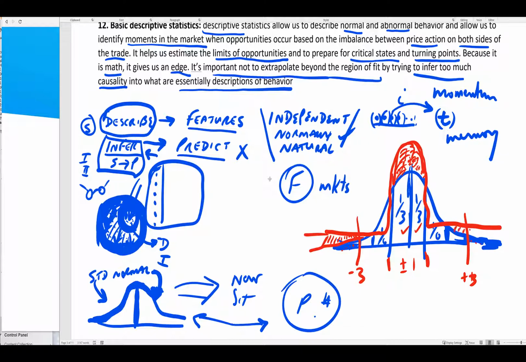Out here, you've got these persistent fat tail events, and we've actually seen 10 sigma events where the size of it occurring is 10 standard deviations greater than the average.